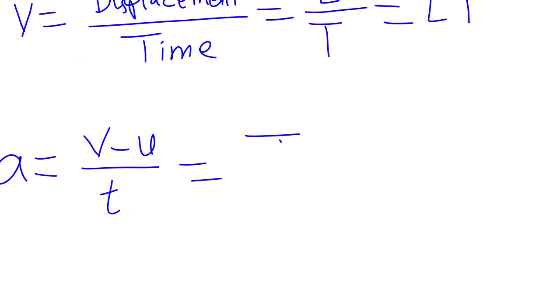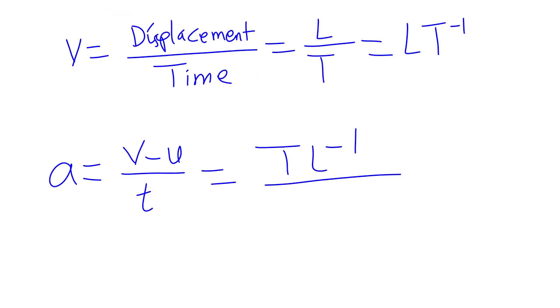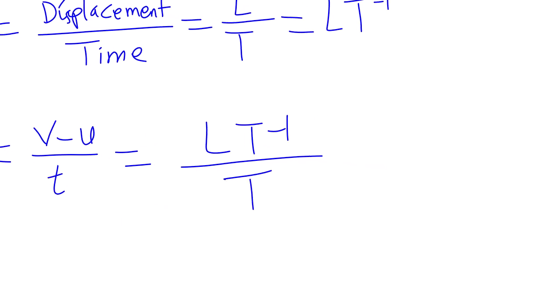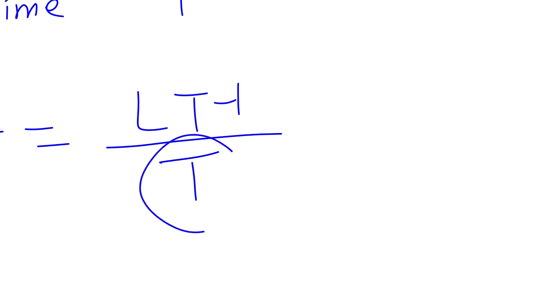We just write L T raised to the power of minus 1 on top, then all over the dimension of time, which is T, capital T. Now we need to take this T up, so that we write it in a form that has no division sign.